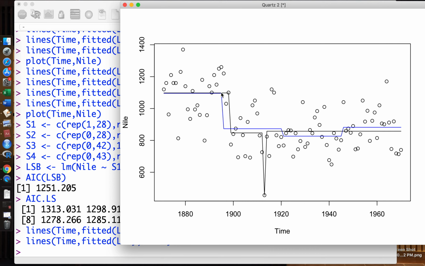So the first 28 observations to fit the higher group, and the second one in the middle, and the third one exclusively for the outlier, and the last one here. So actually, if we use these black step functions, it's much better than just randomly choosing, just equally dividing the entire period into four pieces.